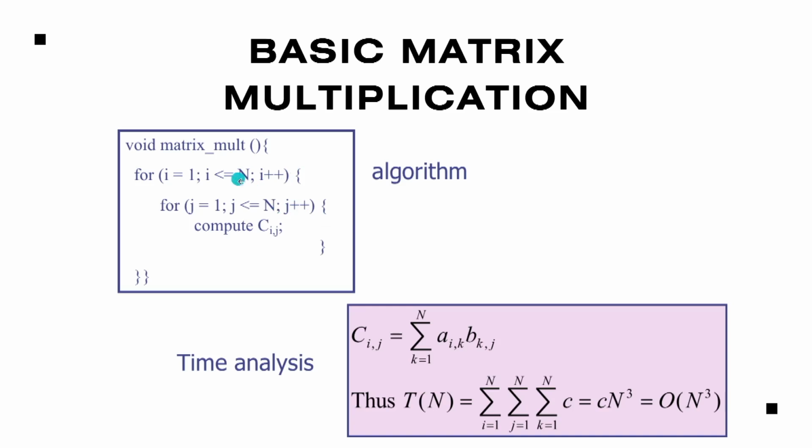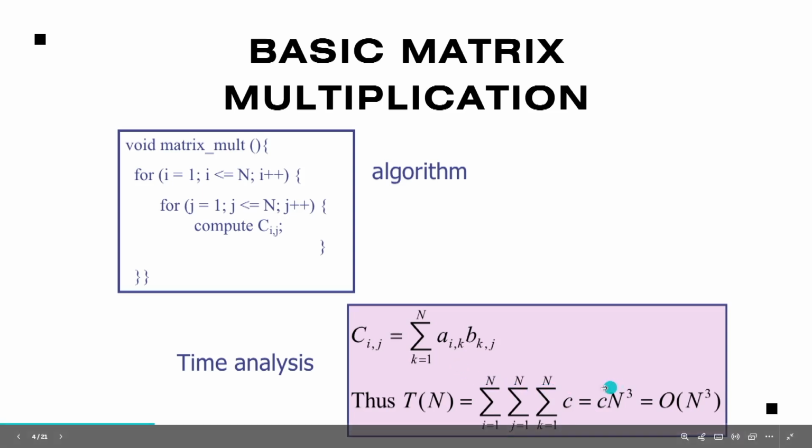We take elements from those two matrices and compute C of i j, but actually what we do is that every time we write the code, we multiply elements at location A of i k with B of k j, and you could see here the use of 3 indices, and so naturally for implementation we may have to use 3 nested for loops, and so we say that this basic matrix multiplication has a complexity of the order of n cube.